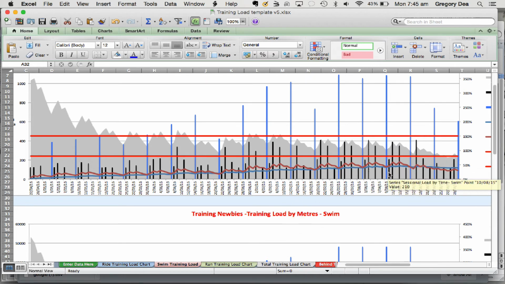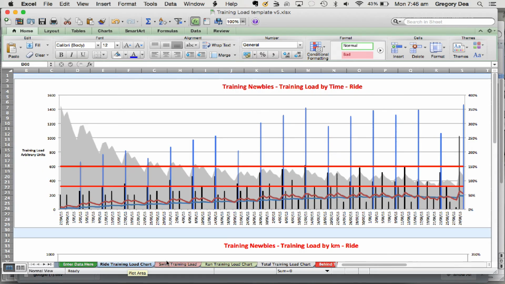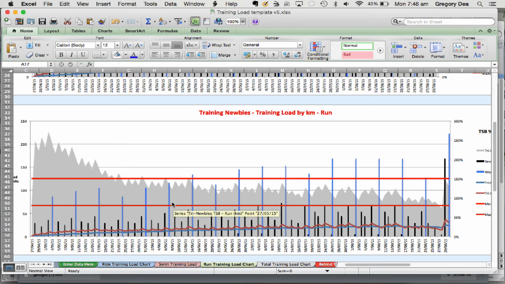So there could be room for adjusting the RPE and the duration, to make sure that that doesn't drop below 80%. From the run point of view, we see that there's a nice mix of stress and recovery, and again we see that little drop in fitness in the final week, and that a run to finish the triathlon is very hard, definitely pushes the person right up towards their limit.